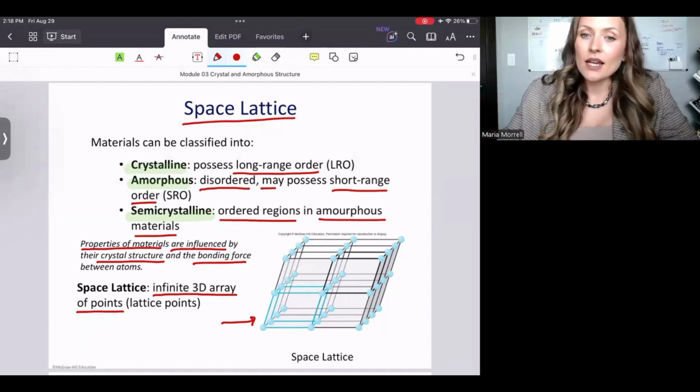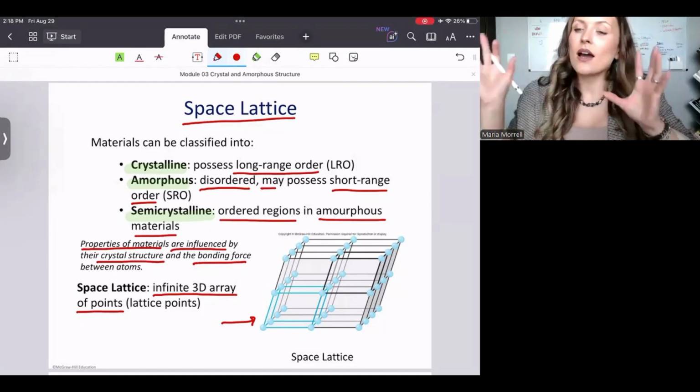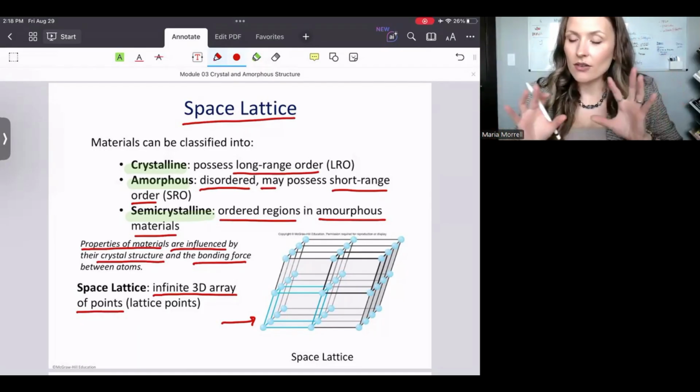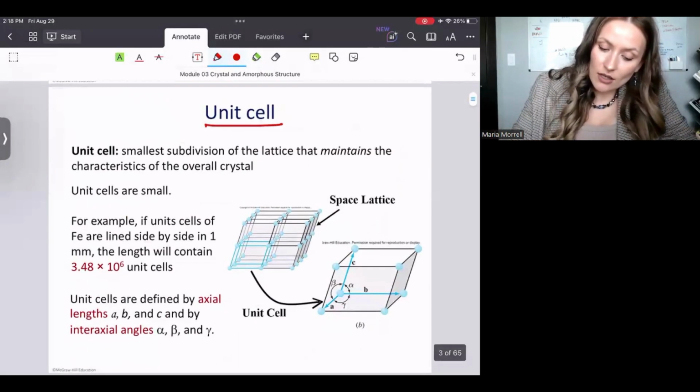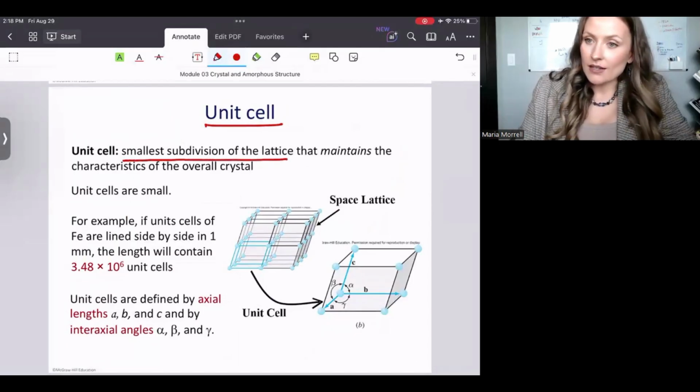Now, luckily, whenever we describe a space lattice, we don't need to describe the entire infinite 3D array. We can actually look just at the unit cell. And the unit cell is the smallest subdivision of the lattice.